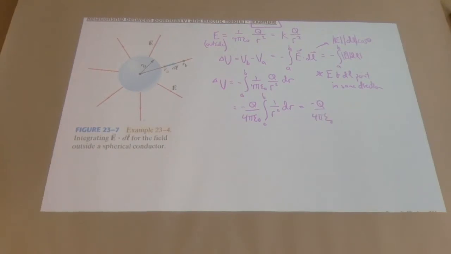That's going to give me something like this, negative 1 over r, and we're going to evaluate that from rA to rB. So point A is distance rA away from the center, point B is distance rB from the center.